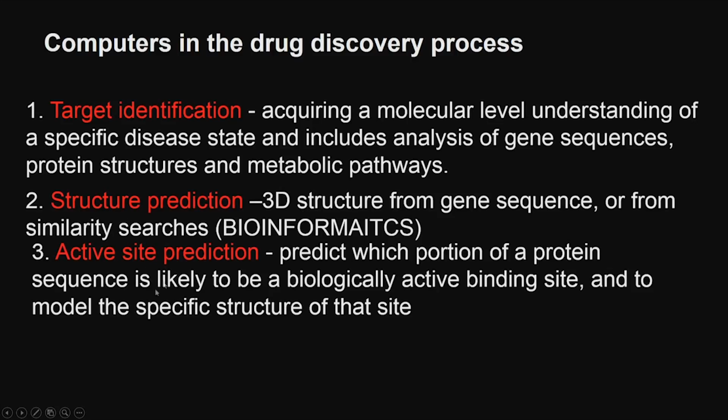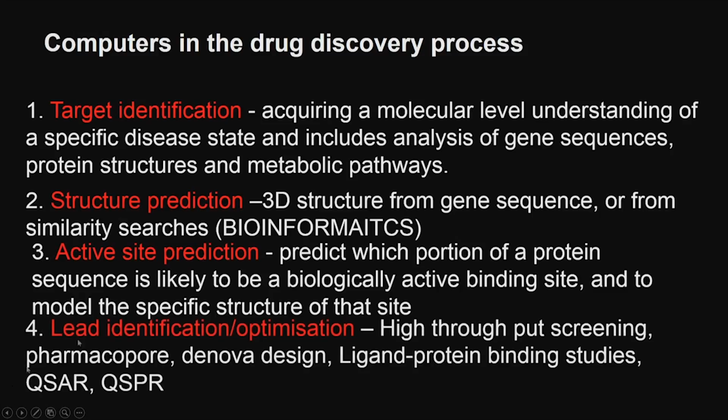So, I can use computational tools for active site prediction. Then lead identification and optimization using pharmacophore model, de novo design, ligand protein binding studies, QSAR, that is quantitative structure activity relation, quantitative structure property relation, all the lead identification optimization techniques.